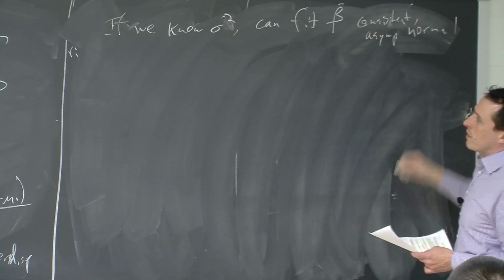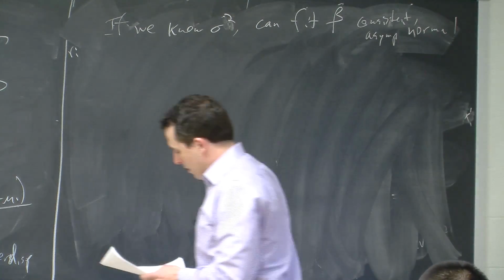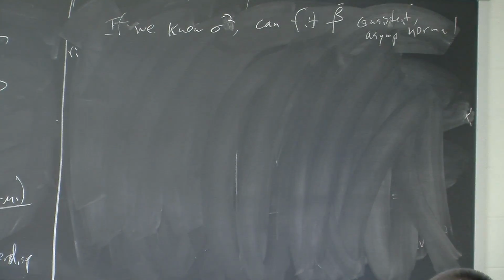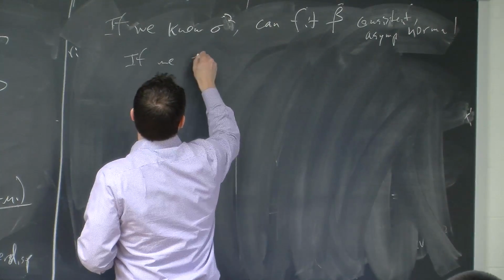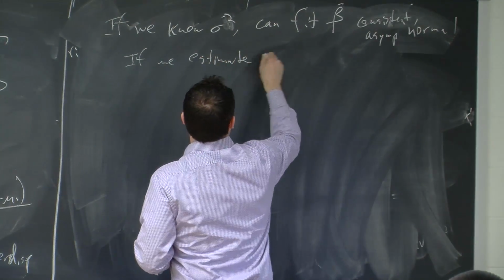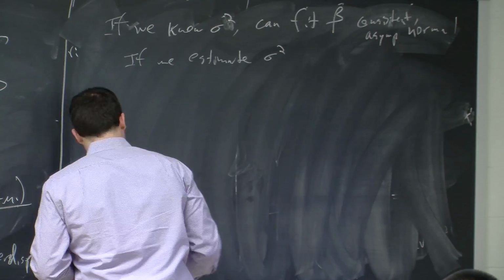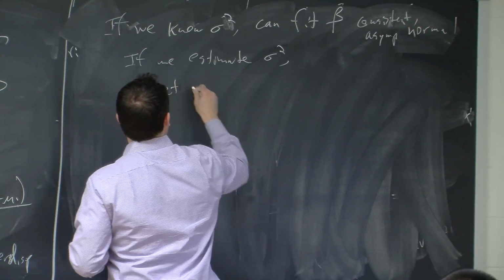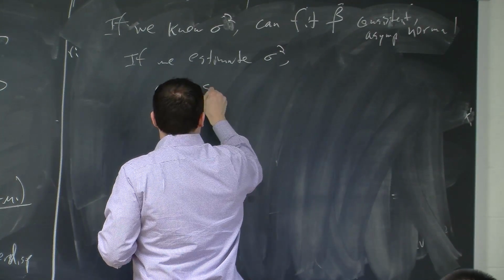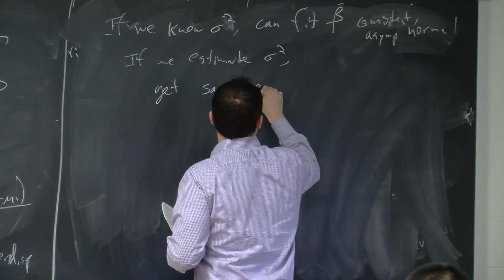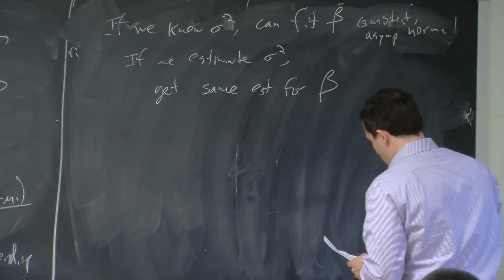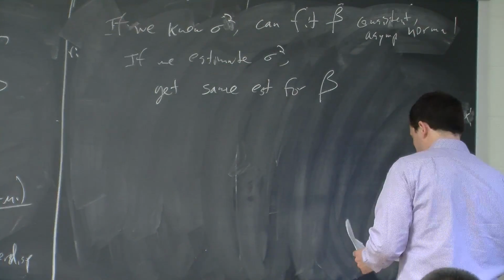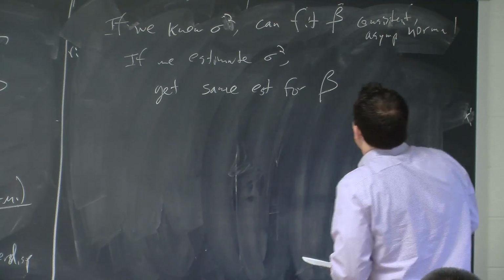We can fit it, and it would satisfy all of the usual conditions. And part of the point of this is that if we now estimate sigma squared, we get the same estimate for our coefficient as we would have under that case.